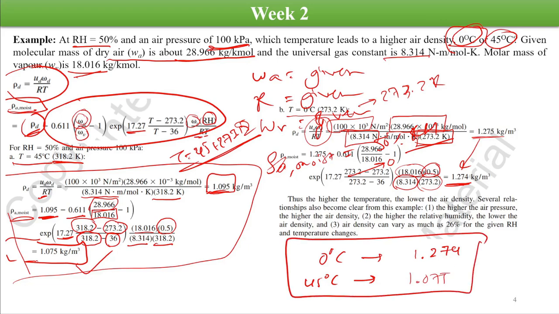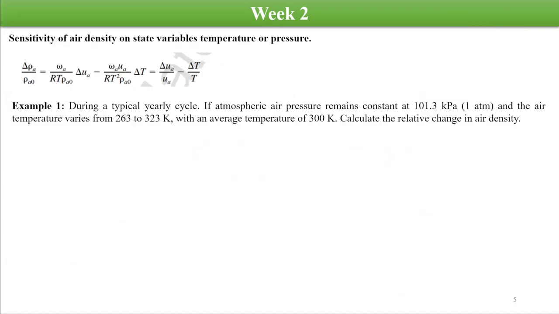Okay, so it will give you a sense that at the higher temperature, the air density is lower. In this way you can calculate the air density at any relative humidity, and at the dry conditions.